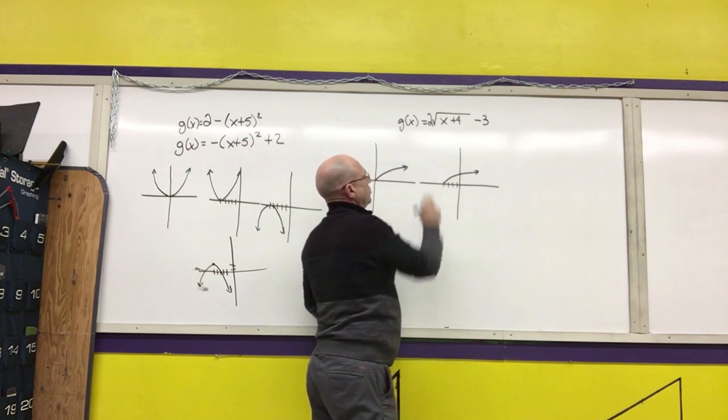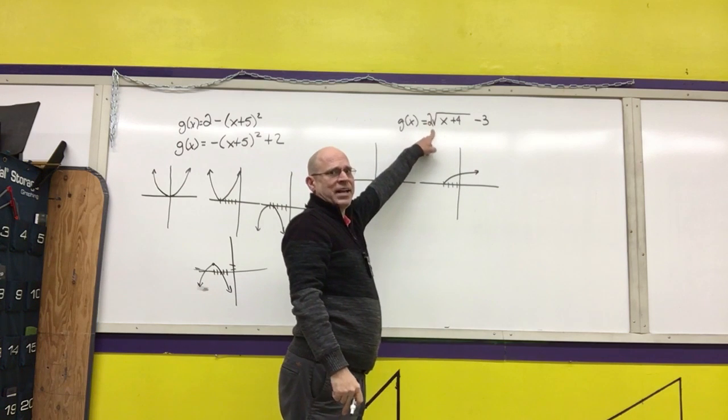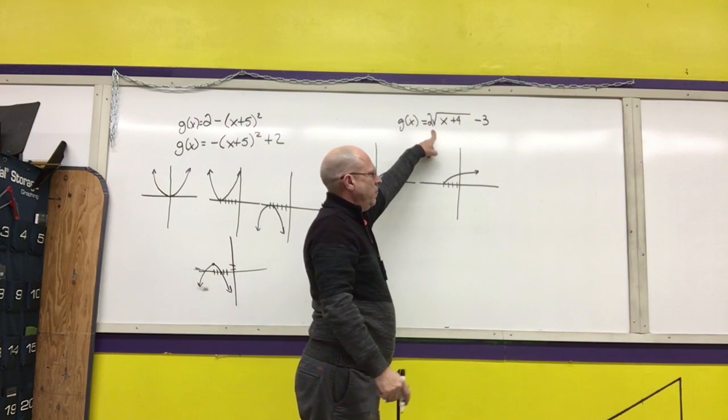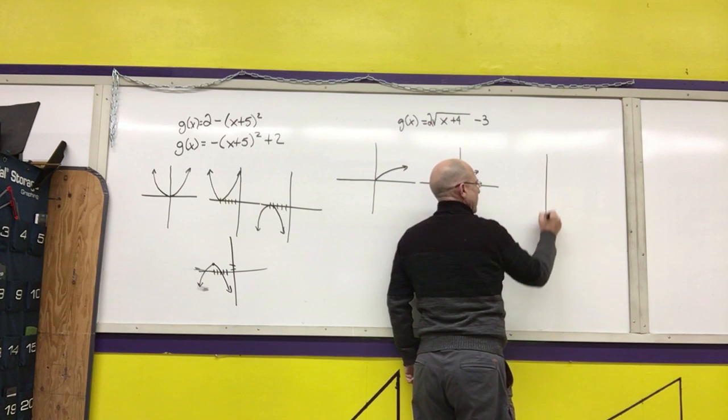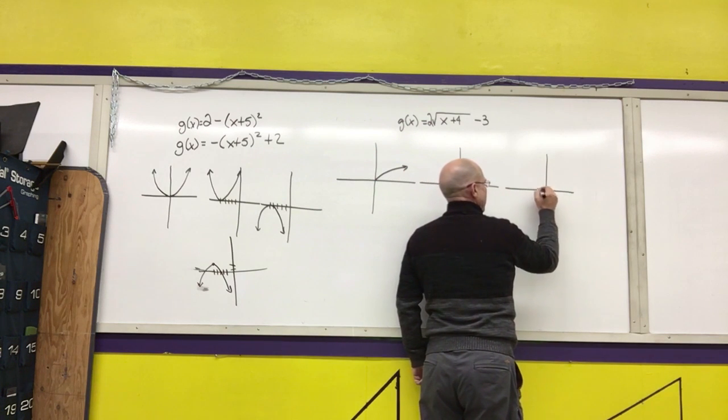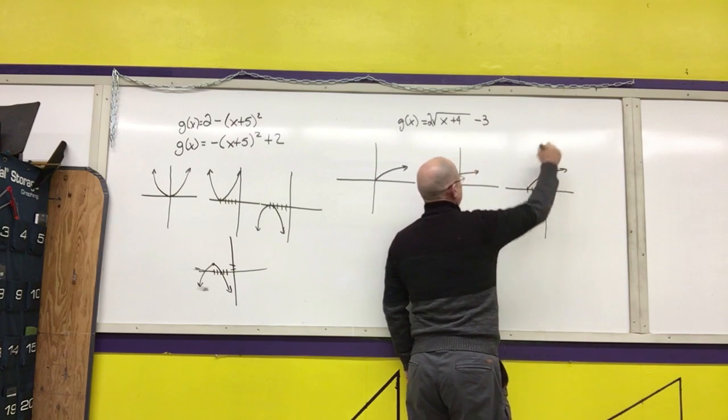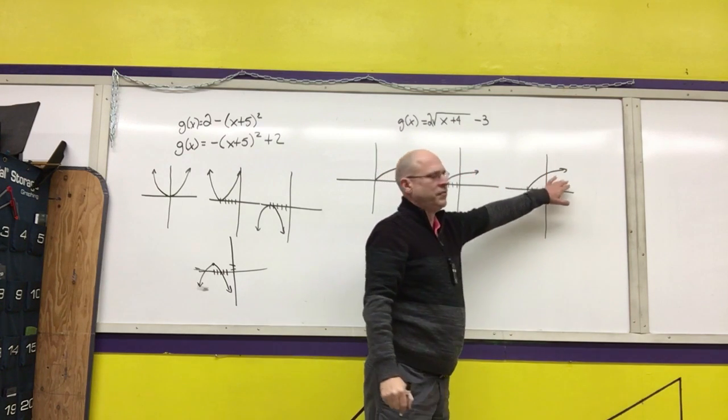Then we are going to stretch it, which means it shoots up faster because this number is greater than 1. And notice, I don't really care how much you shoot it up faster. I just need to see that there's a difference here.